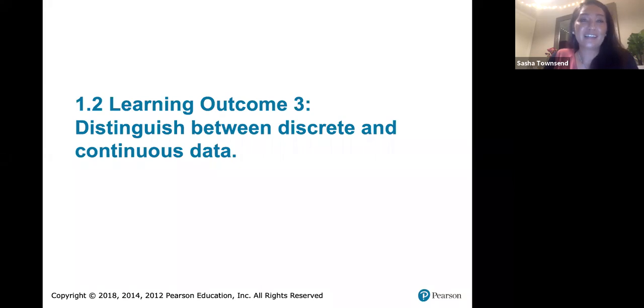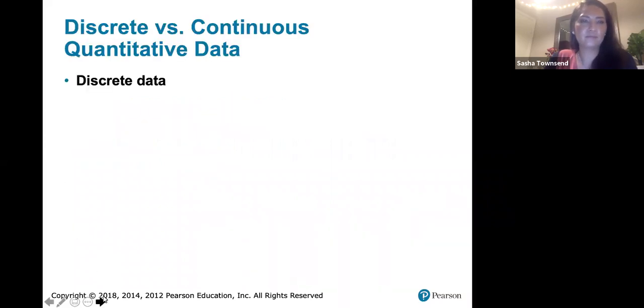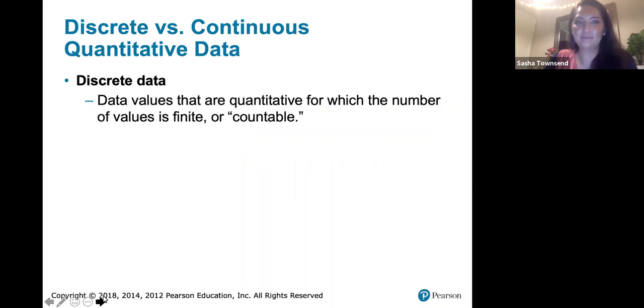The quantitative data can be subdivided even further into what are called discrete data and continuous data. So discrete data are data values that are quantitative, for which the number of values is finite or countable.